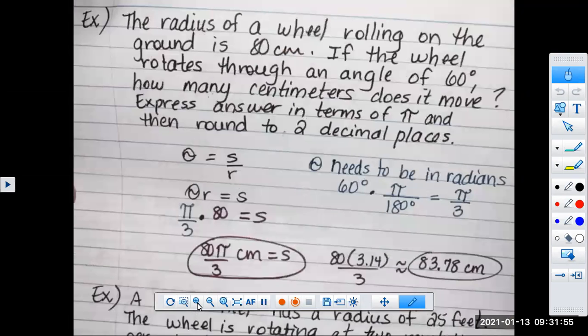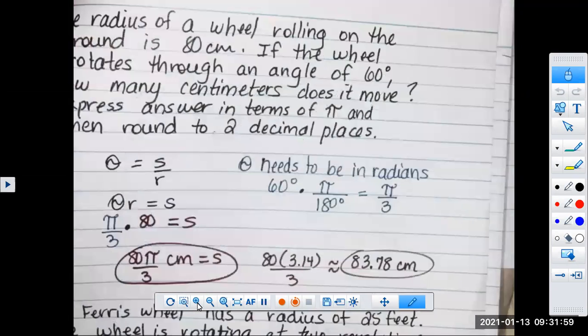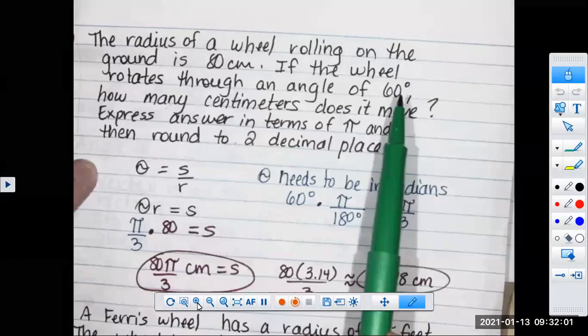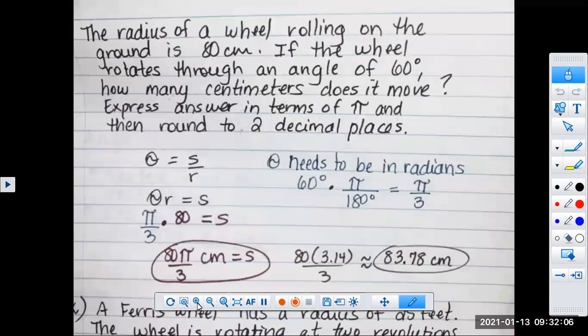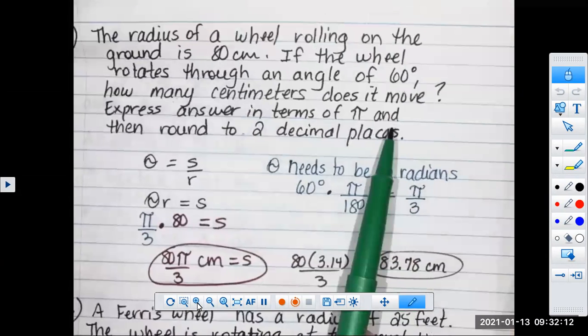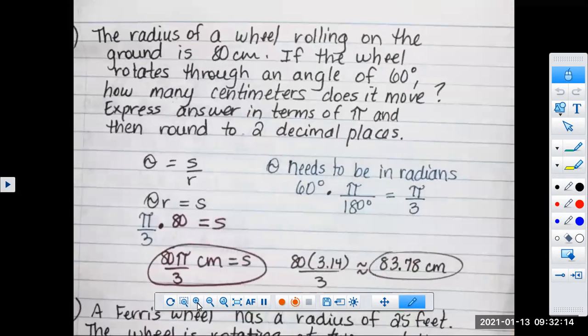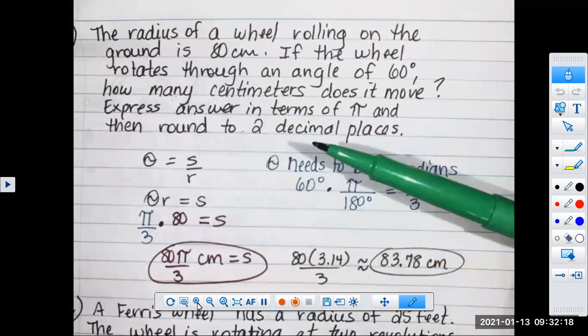Okay, in this example, they tell you that the radius of a wheel rolling on the ground is 80 centimeters. If the wheel rotates through an angle of 60 degrees, how many centimeters does it move? And express your answer in terms of pi and then round it to decimal places. So in this case, all they're wanting you to find is the length of the arc.